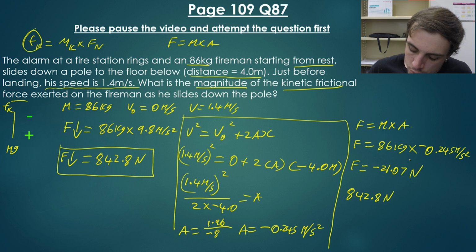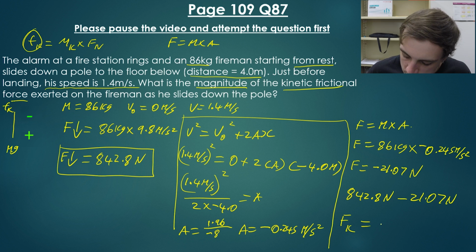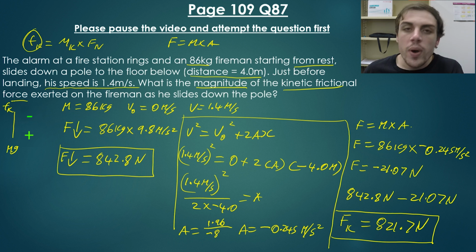Now we know too that because he did grab that pole, the difference here is 21.07 newtons. That's how much force he actually had coming down, meaning that the kinetic friction, so how much friction was actually imposed, was 821.7 newtons.